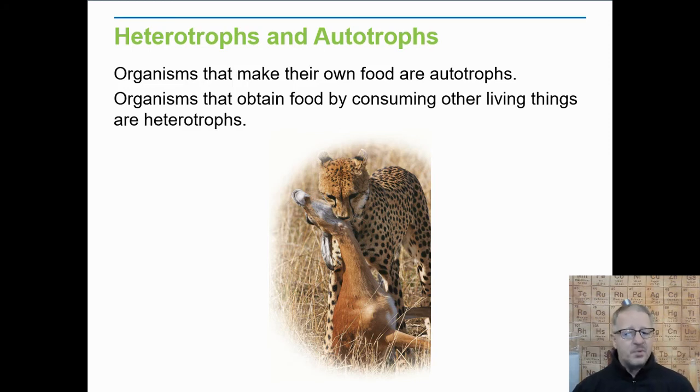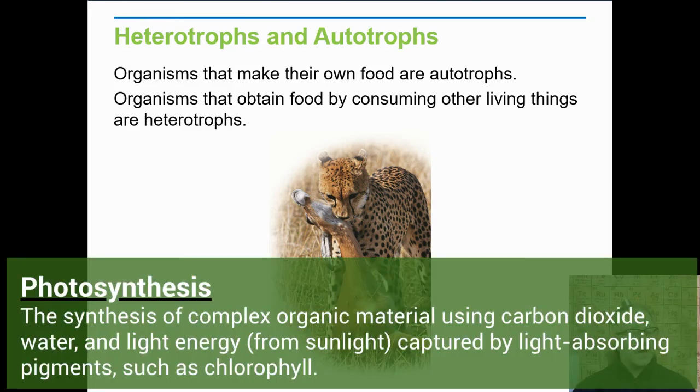So, what is the name of the process that autotrophs use in order to synthesize molecules of high energy carbohydrates by trapping light energy? If you're thinking he's talking about photosynthesis, yeah, you're right. I'm talking about photosynthesis.